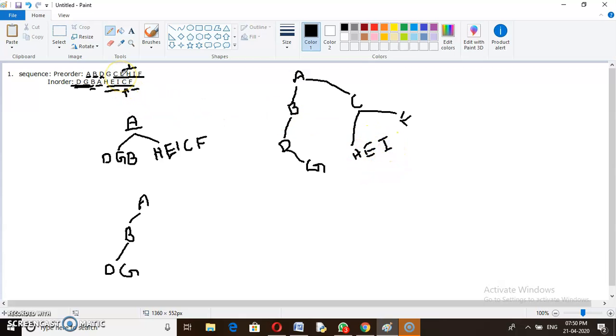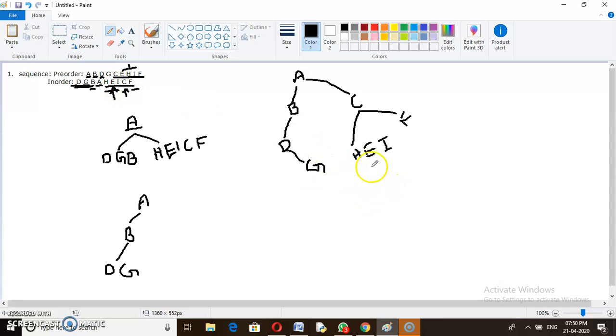And within the in-order, E is here. So for E, the left is H and the right is I. So H is the left node of E and I is the right node of E.